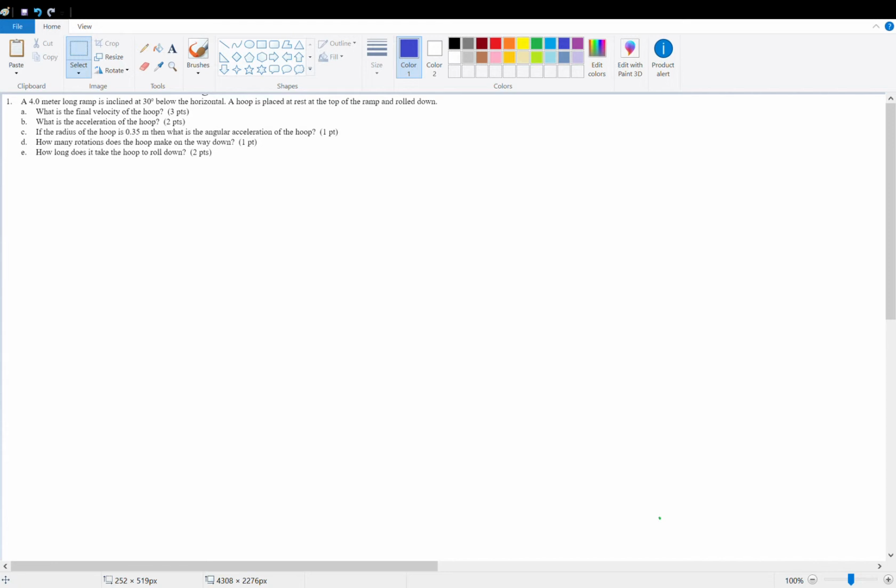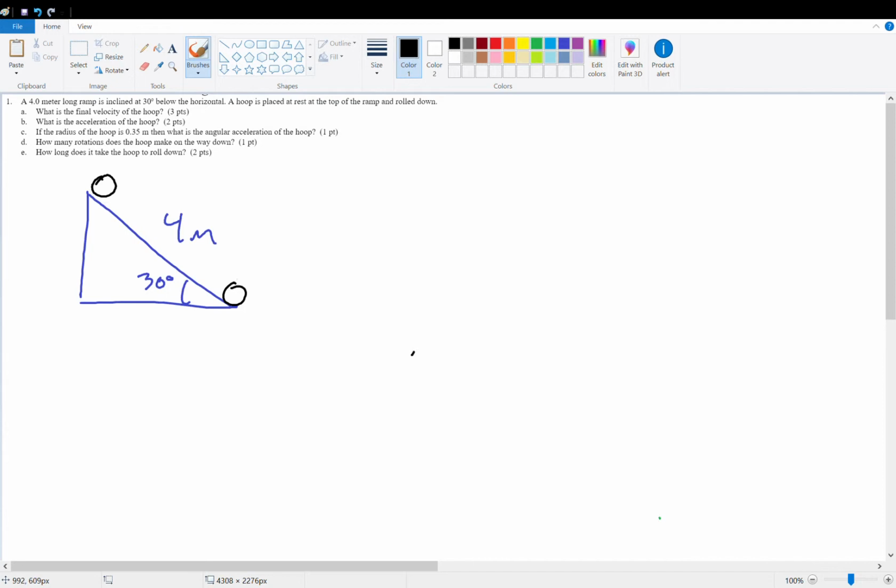Alright, so this is problem 1 from the target check about conservation of energy with rotation. What we've got here is a ramp that is 4 meters long and inclined at 30 degrees. Our hoop is going to roll down from rest from the top to the bottom.